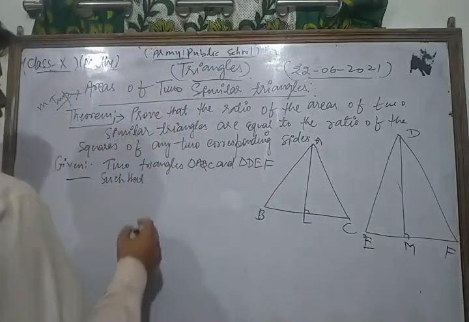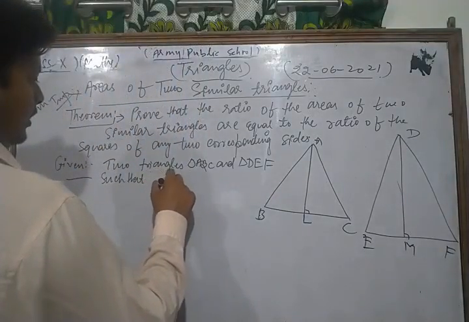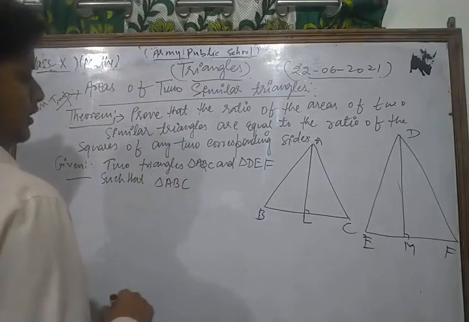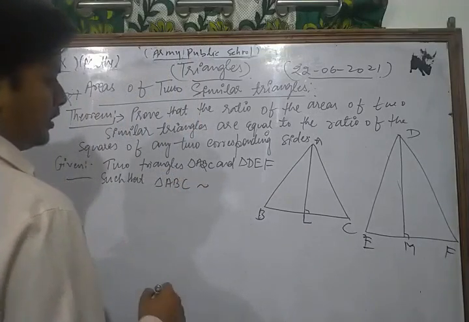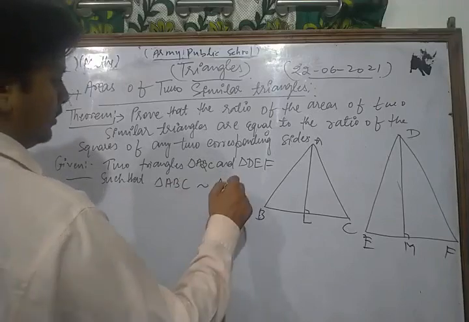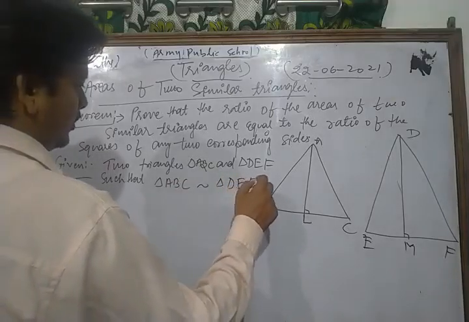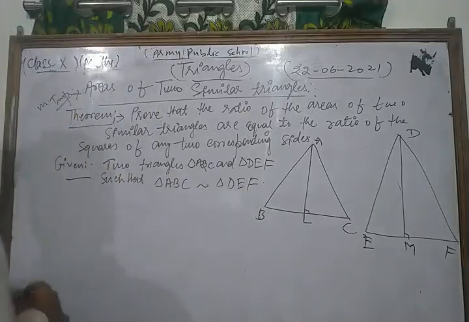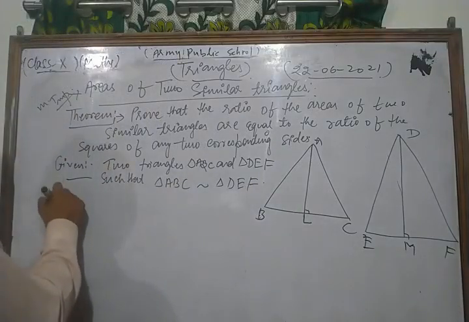So, triangle ABC is similar to triangle DEF. Okay, now we have to show that.